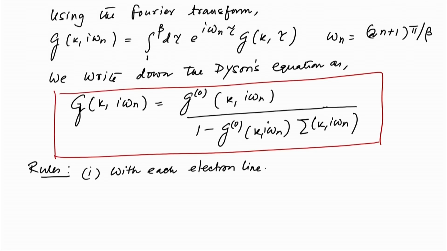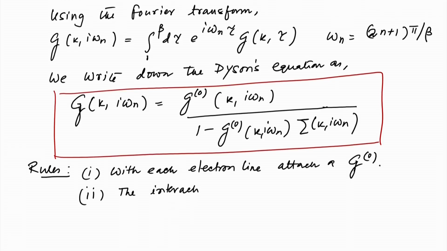So, just to give you once again the rules: with each electron line attach G0. The interaction is represented by a wiggly line.